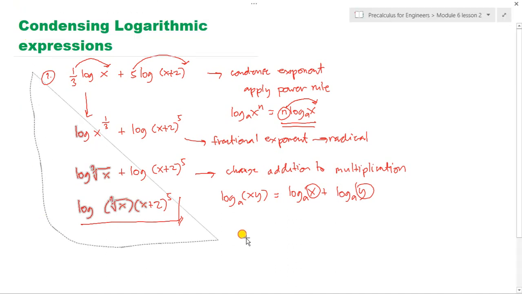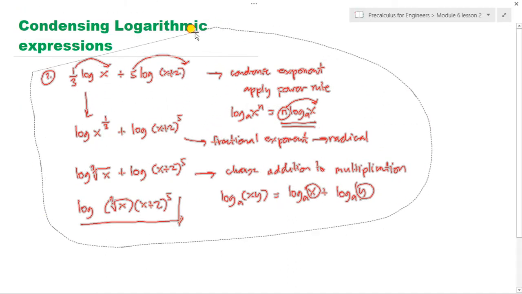Okay, let's move to the second example. Kaduha nga example, you are given 5 ln of 3x plus 2 minus ln of x.